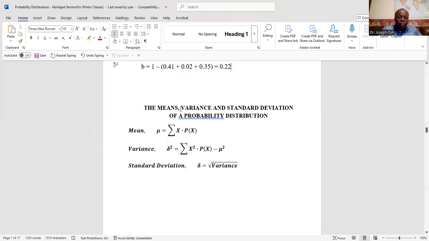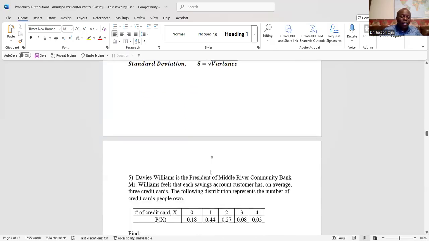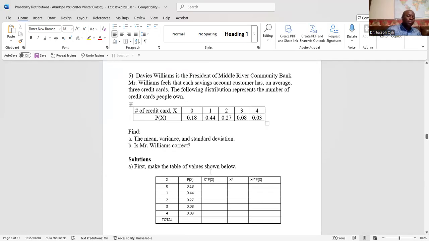The mean is the sum of x times P(x). The variance, which is sigma squared, is the sum of x squared times P(x) minus the mean squared. Then the standard deviation is always the square root of variance. Let's look at these applications here.